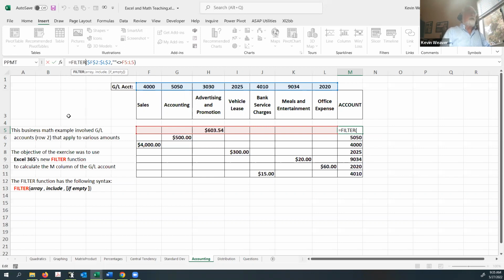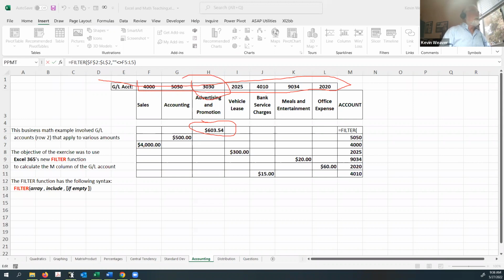So I'm filtering the account numbers when the first entry in my general ledger did not have a blank in it. And of course, the first entry that doesn't have a blank in it is this one. So it's going to filter these and grab that one.